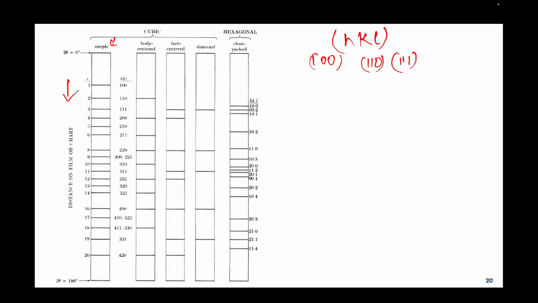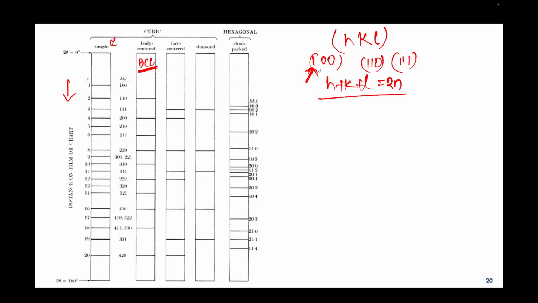Now coming to the body centered or BCC structure. BCC structure means the combination h plus k plus l should be 2n, right? So you will get all the peaks or planes in such a manner that, if I take the plane 100, h plus k plus l is equal to 1, which is an odd number. That means this peak will be absent in the BCC structure.